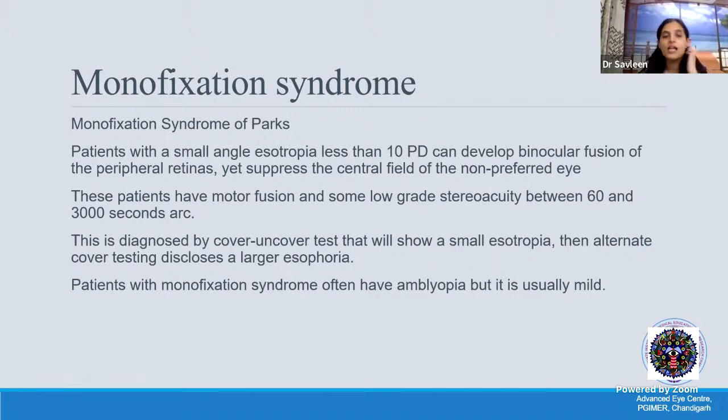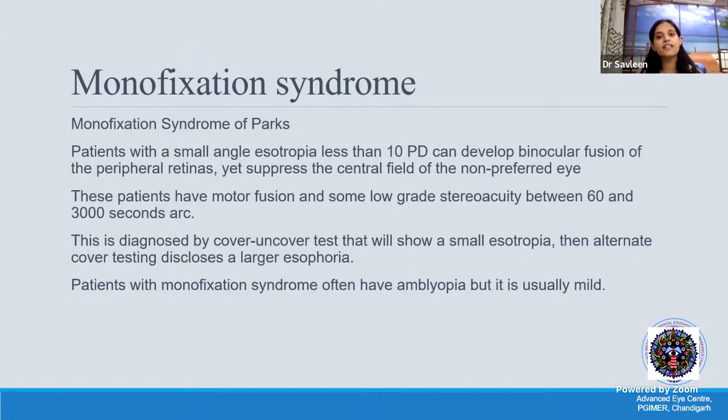Another important adaptation that a visually immature system has is monofixation syndrome. Monofixation syndrome was described by Parks, who defined it as an entity seen only in small angle strabismus, say less than 10 prism diopters. It's a peculiar kind of adaptation which occurs because the binocular fusion of the peripheral retinas is normal.